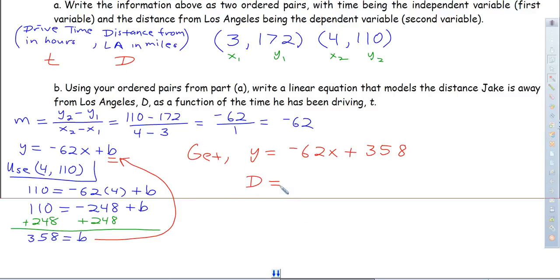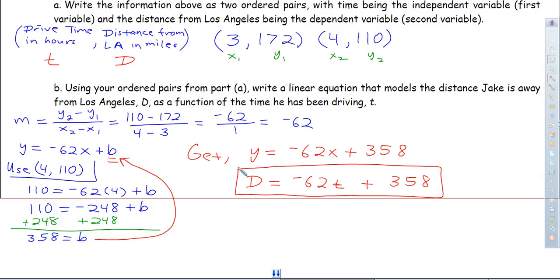So we have d equals negative 62 times t plus 358. I know we don't normally like using t's because they look like the plus signs, but just change it a little bit. It won't be too bad. All right. So now we have our equation. The distance that Jake is from LA equals negative 62 times the time he's been driving in hours plus 358.